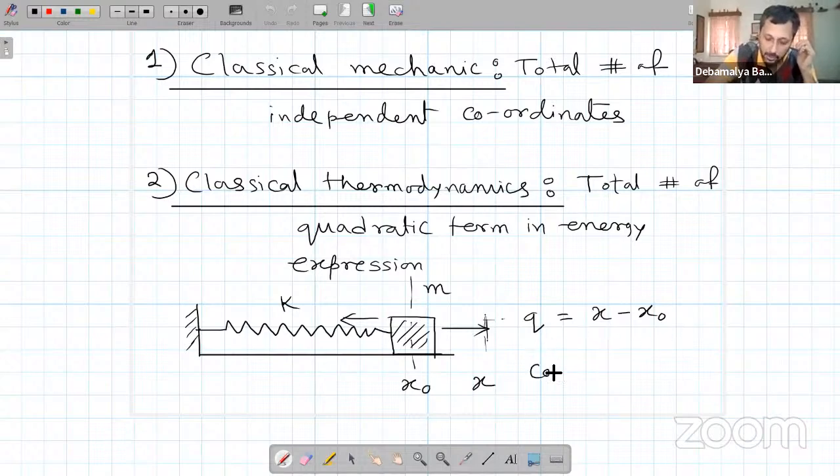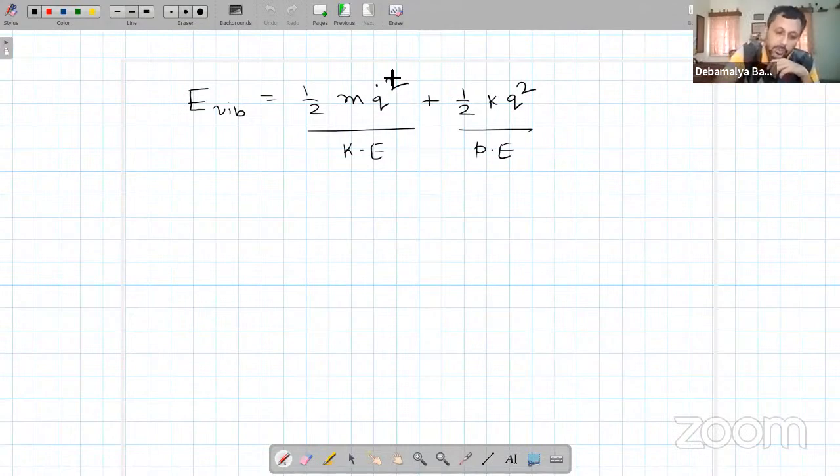So this is a quadratic term in velocity, this is a quadratic term in position, and both will contribute.